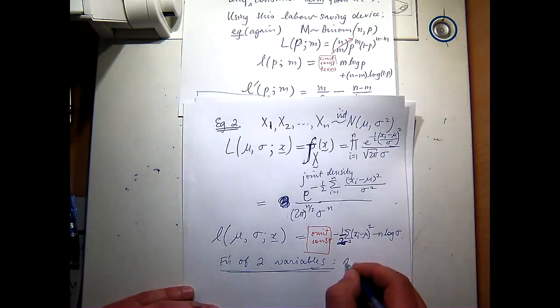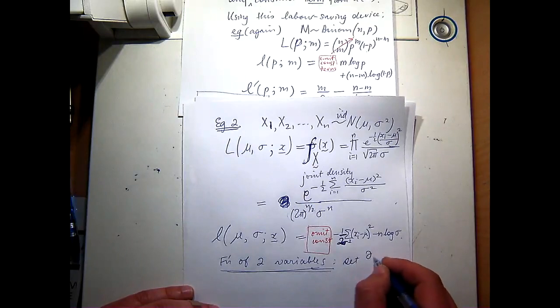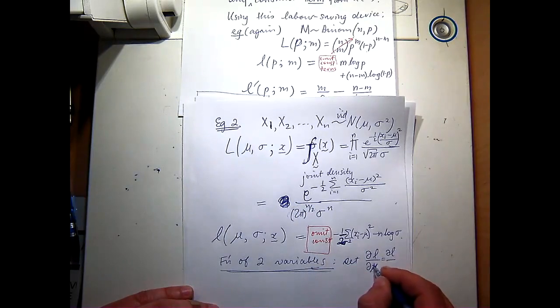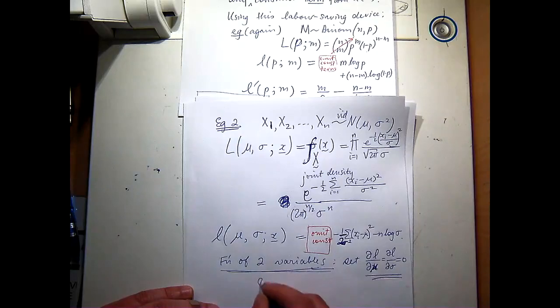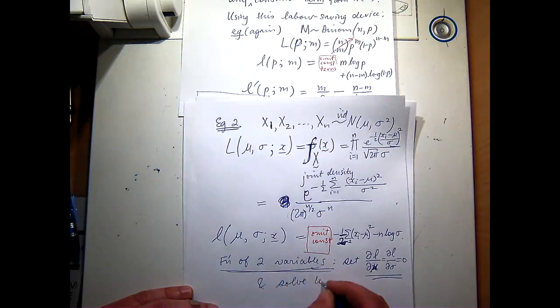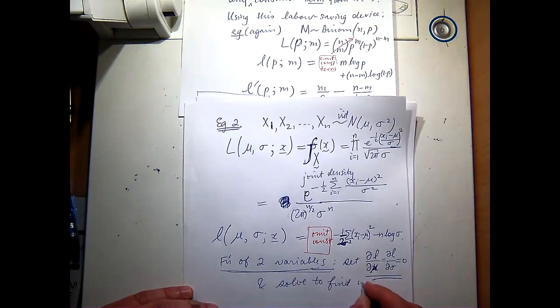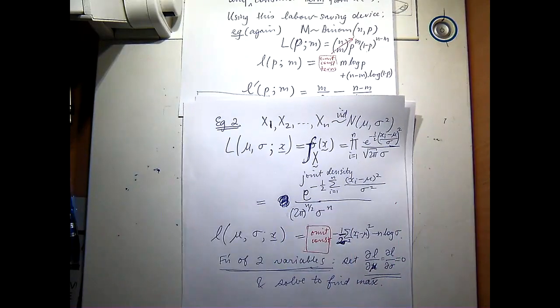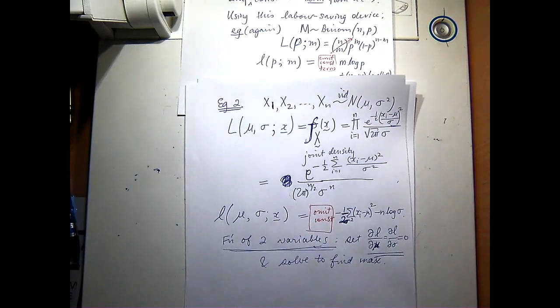For a function of 2 variables, set the partial derivatives dL by d mu and dL by d sigma both equal to 0, and solve to find the maximum, if it exists. All the issues of existence and uniqueness, I'll just leave out.